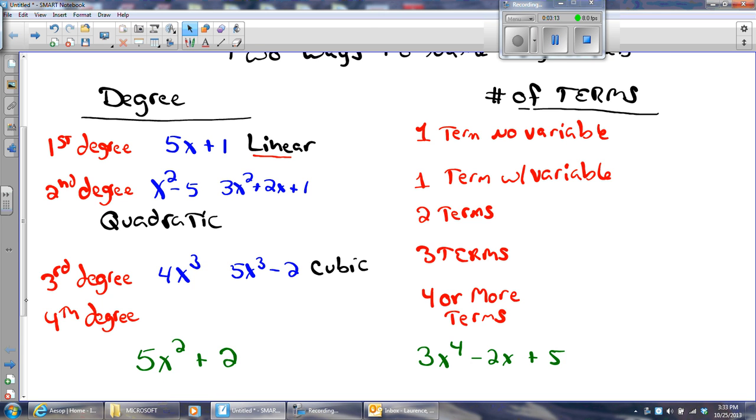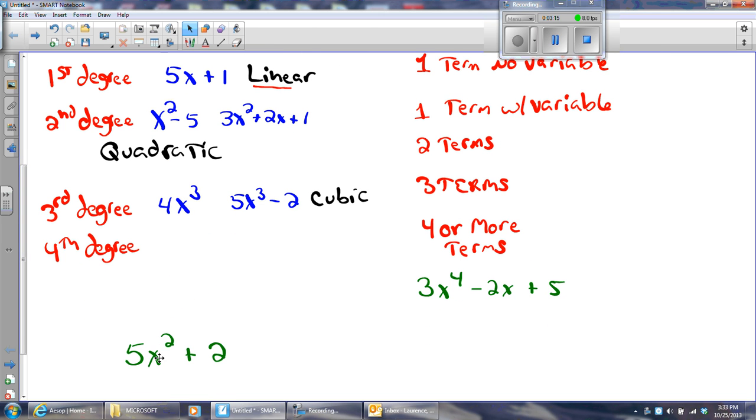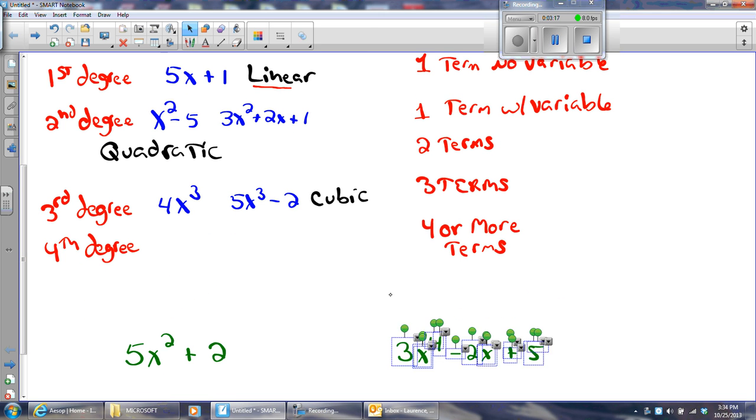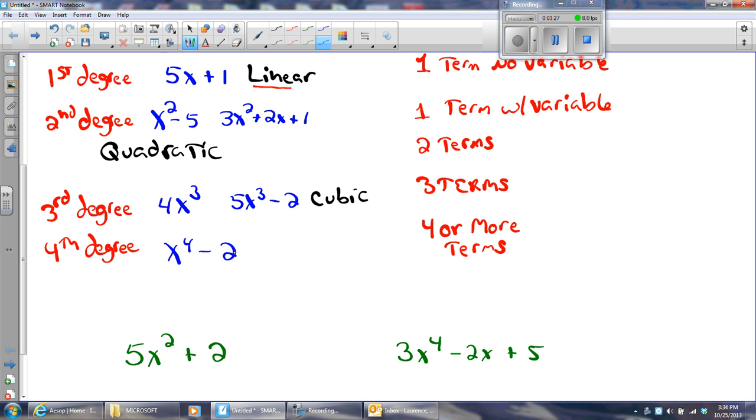Oh, wait a second. We'll move those down just a little bit. So if I have something like x to the fourth minus 2, the highest power is 4, right? That would be quartic. That's a weird term, but that's what it's called, a quartic polynomial.